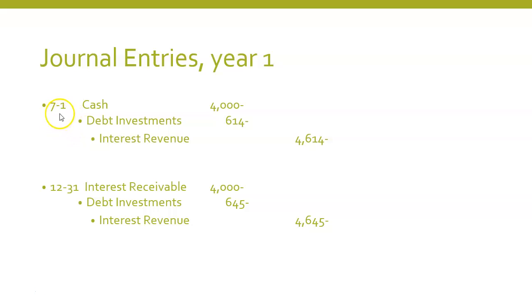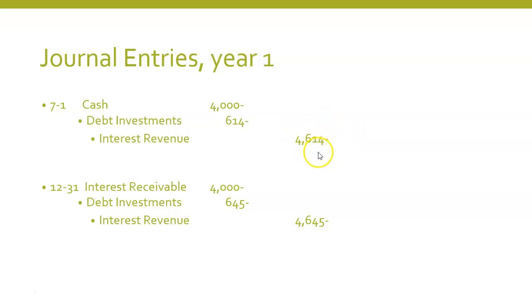So on July 1st, we're going to debit cash for the $4,000 of interest that we received, okay? And we're going to debit debt investments for 614. Remember, we had to add them to the carrying value. And we're going to credit interest revenue for the whole 4,614.